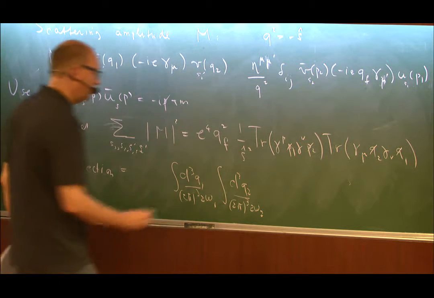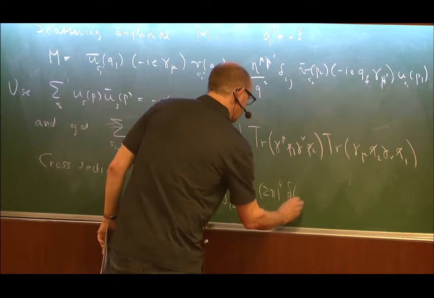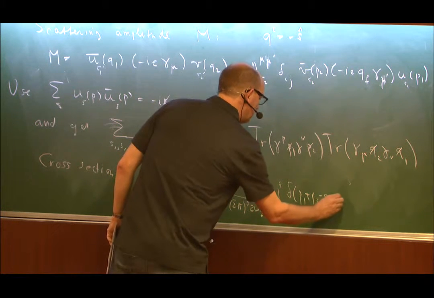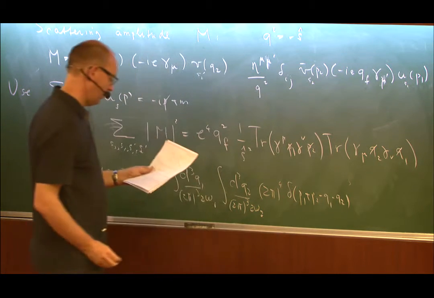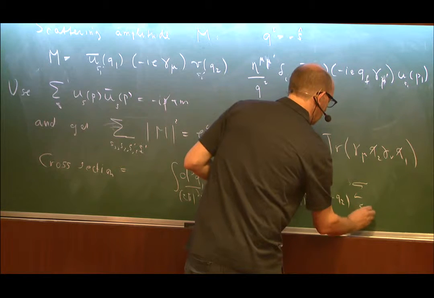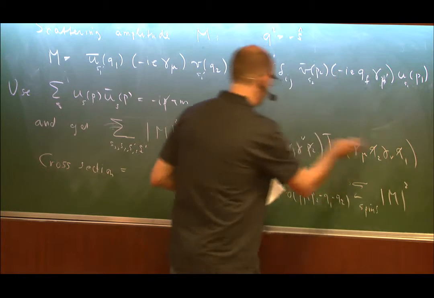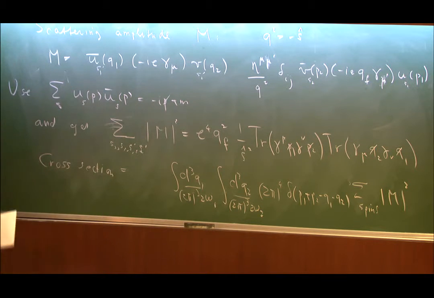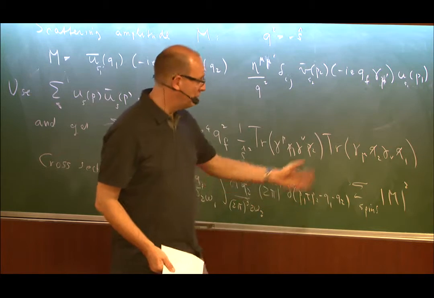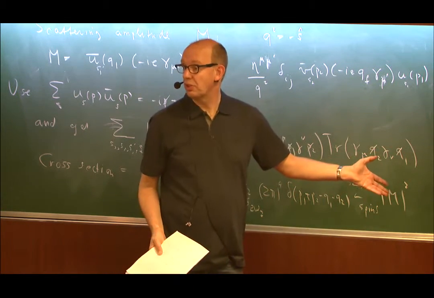Then we have 2 pi to the 4th times the delta function of p1 plus p2 minus q1 minus q2. Then we have the sum over the spins of M squared, the thing we just wrote this expression for. So that's the integral over the final state phase space of the two leptons and the absolute value of the matrix element squared. That's the recipe for a cross section.